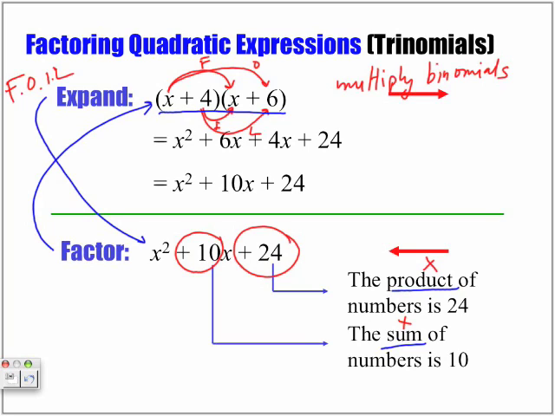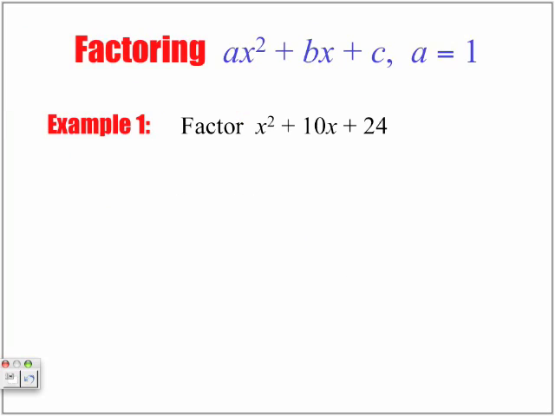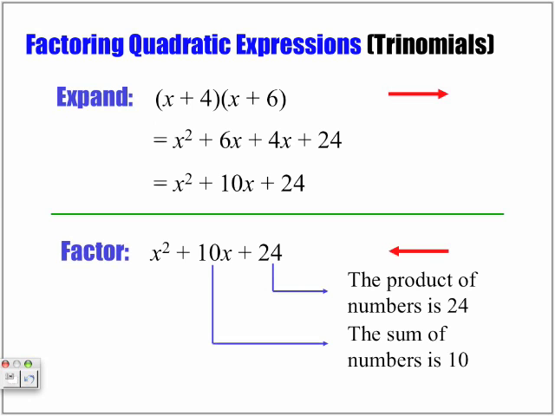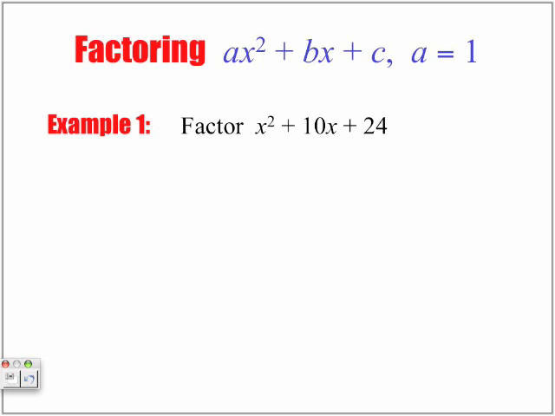So we're going to factor the same question that we had here. We are going to go from this step to that step. That's what we're going to show you with the upcoming slides, and then we're going to do a couple of other examples. So we're going to factor x squared plus 10x plus 24.